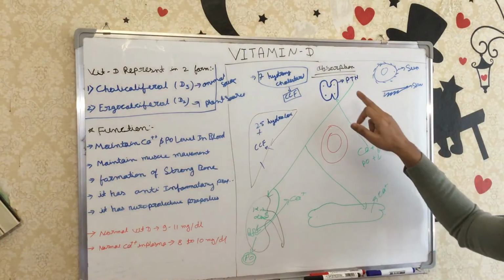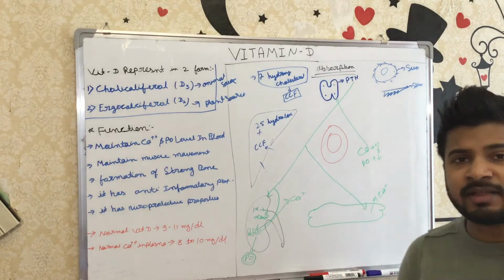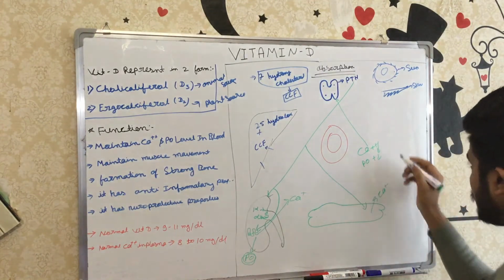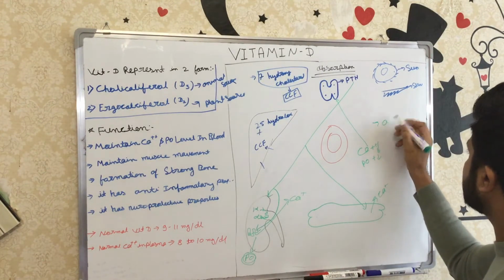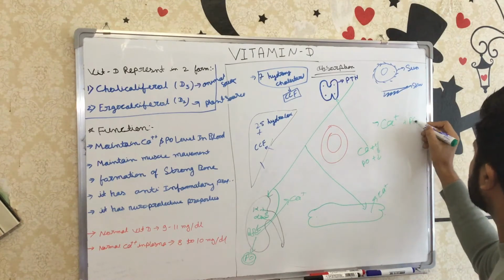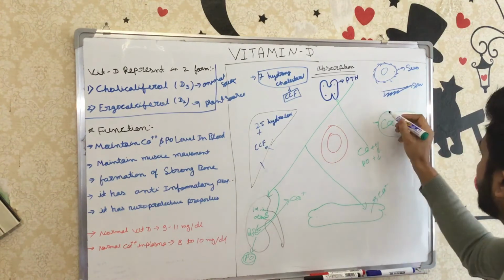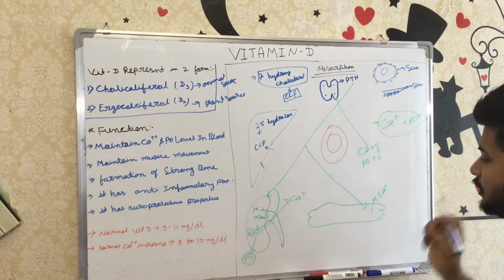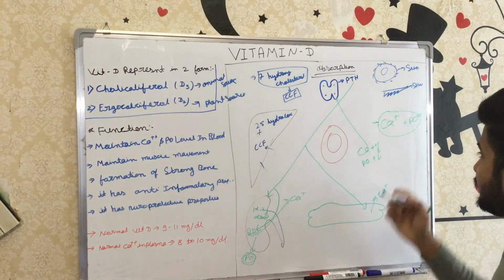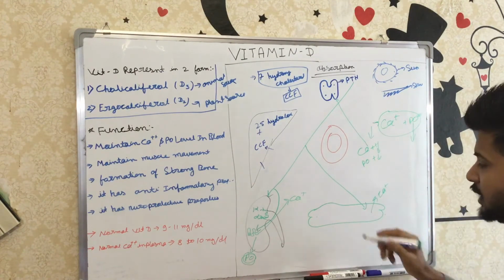But PTH, as we know, if the phosphorus decreases, for example, calcium plus phosphorus, these two components always want to live together. If the phosphorus decreases or maybe calcium decreases, it will not deposit in the bone.